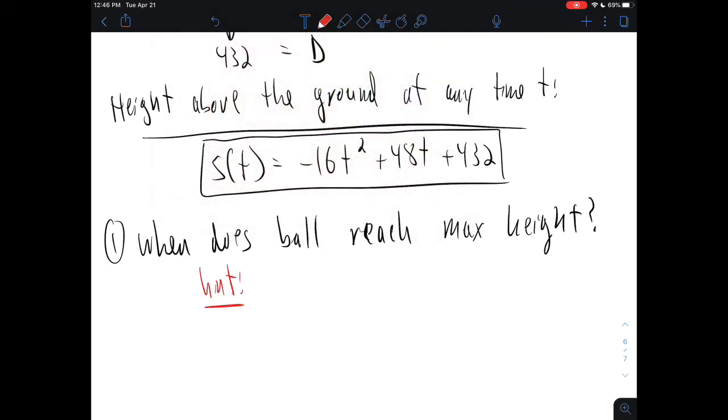But let's also remember, when the ball reaches its maximum height, what's the velocity? It goes up, and then it turns around. The velocity is equal to 0. Notice that's the same thing as taking the first derivative of the position function, setting it equal to 0, and finding the critical point. So it's the same exact idea.